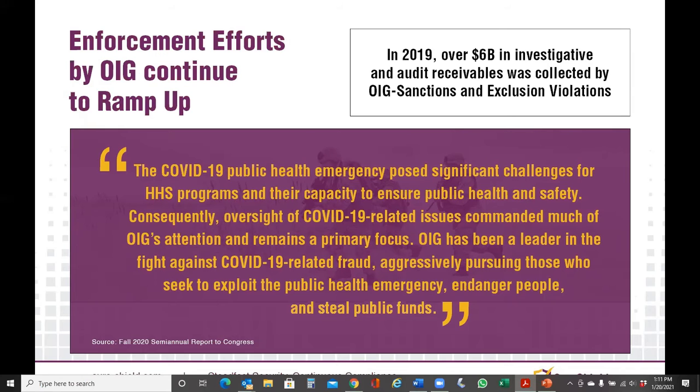Just in 2019 alone, there were over $6 billion in investigative and audit receivables that were collected by the OIG Sanctions and Exclusions Violations Office. And that is expected to continue to grow, knowing that there will be even more expected misuse in the system.